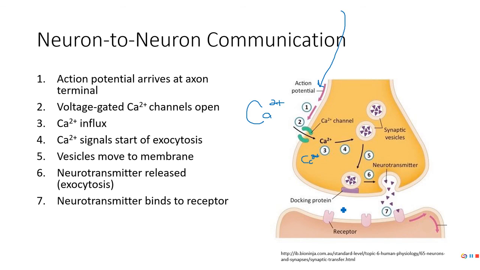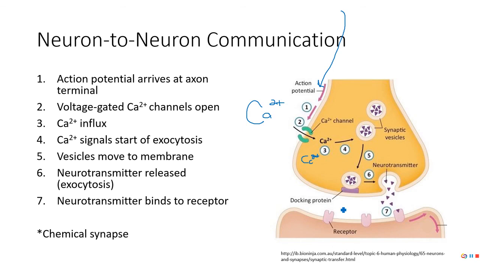We refer to this as a chemical synapse because one cell is communicating with another via a chemical. There are electrical synapses that we will not talk about in this class, but that's also very important. It's essentially how your heart is able to contract. All those muscle cells fire at the same time because of what's called an electrical synapse.